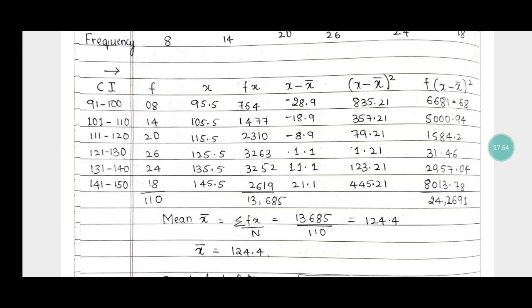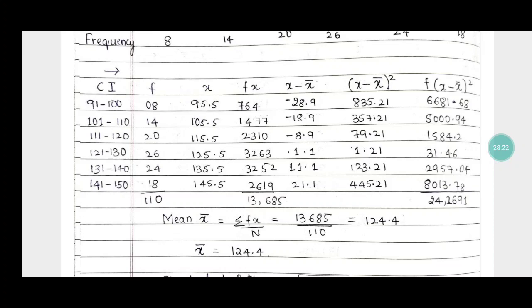After we get this x minus x bar whole square, we have to multiply with f, that is frequency. So f, that is frequency, into x minus x bar whole square, and at that time 8 into 83.5 into 21, and we'll get the answer 6681.68.